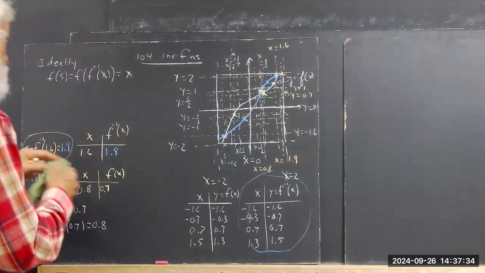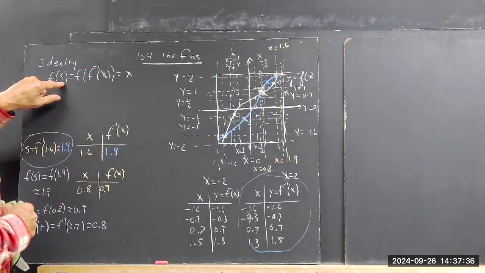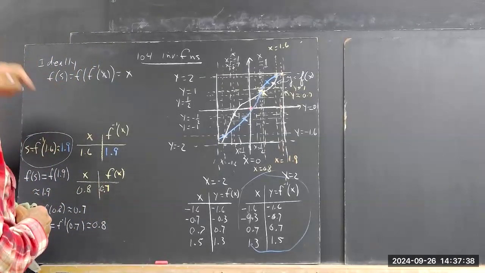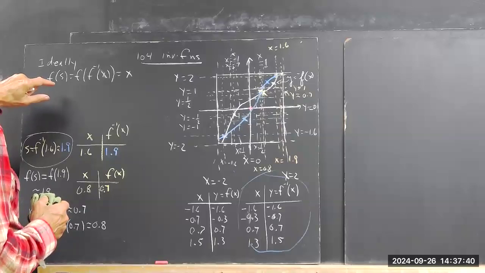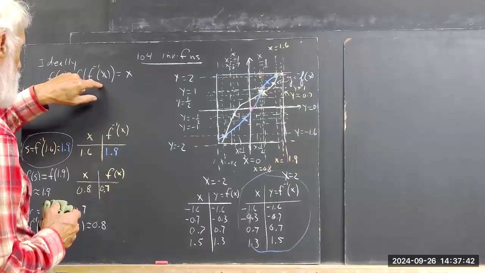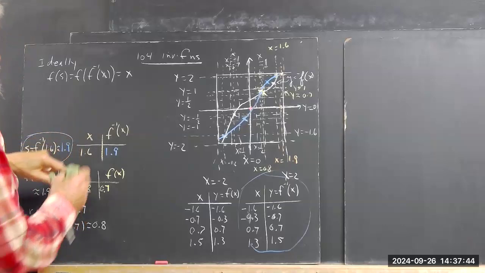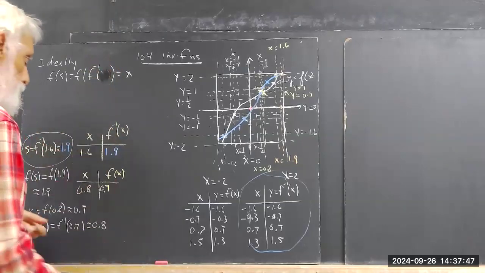Now, we replace x by s. f of s equals f of f inverse of our original x, which is 1.6.